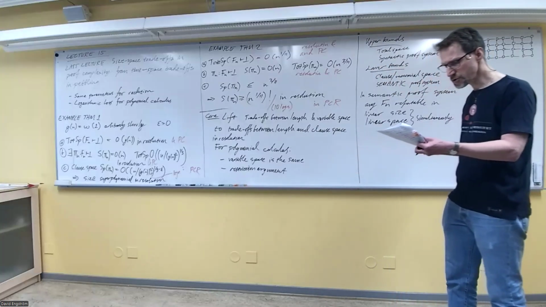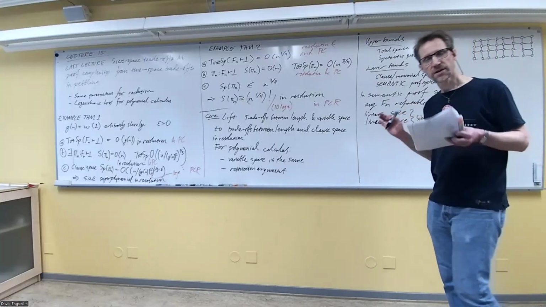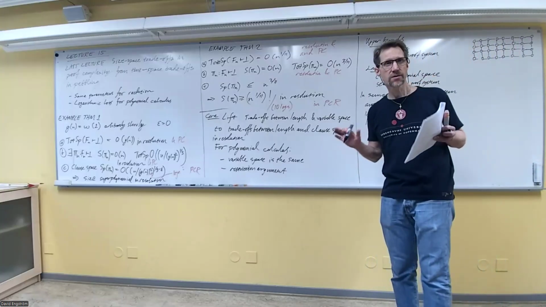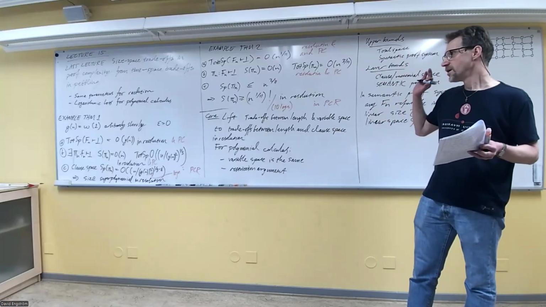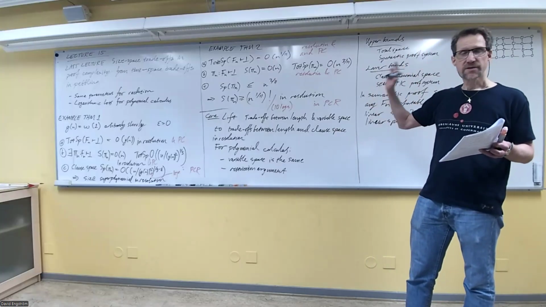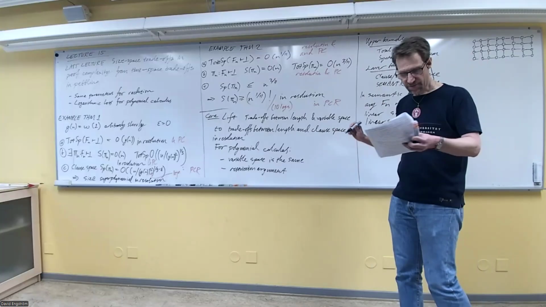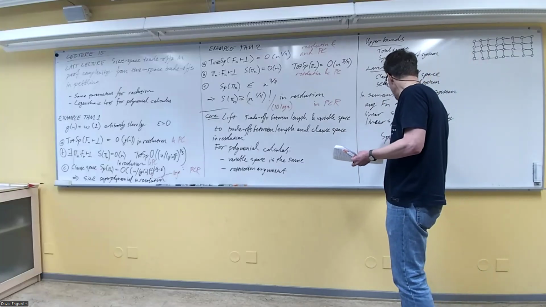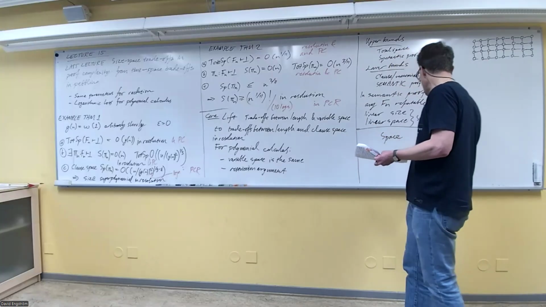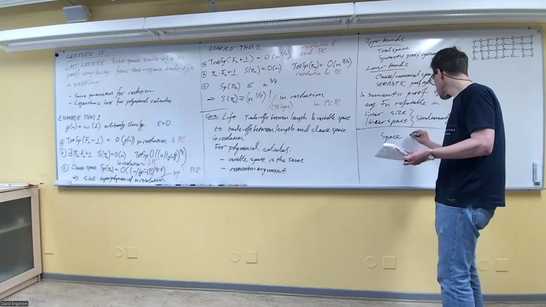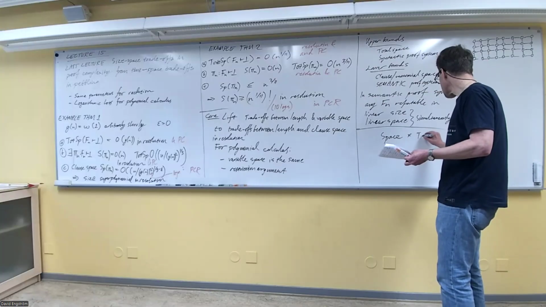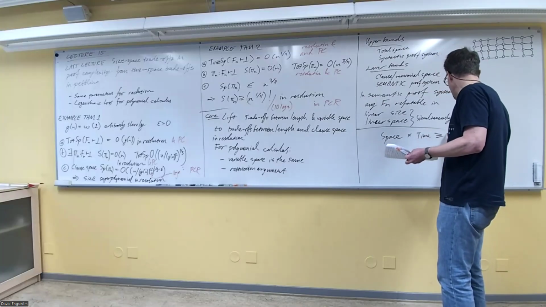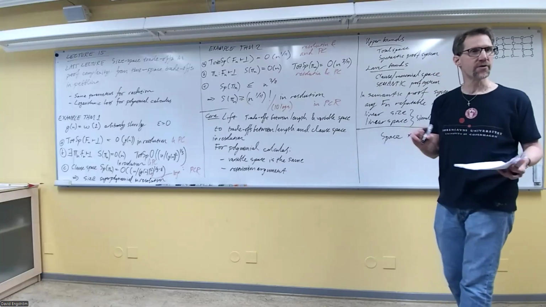This is also true for time-space trade-offs, which have been studied in a number of different settings: for pebble games, for Turing machines, and for other intermediate models. Typically, schematically, the kind of trade-off you get is something like space times time is n squared, where n is the formula size.